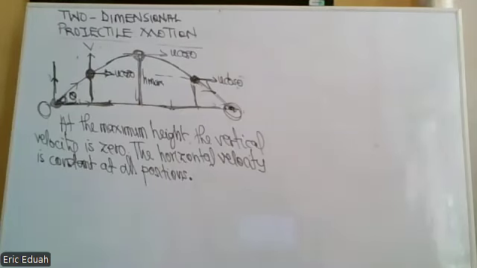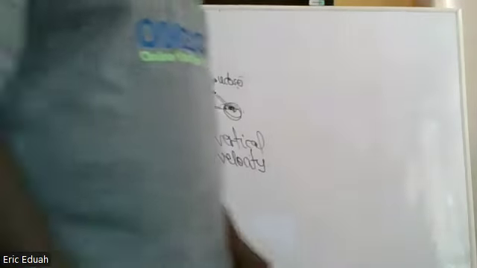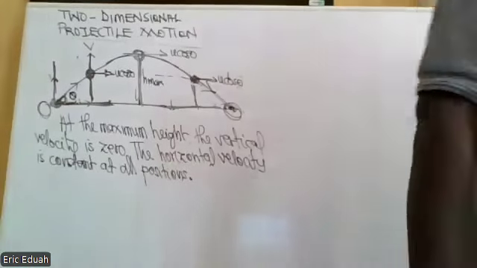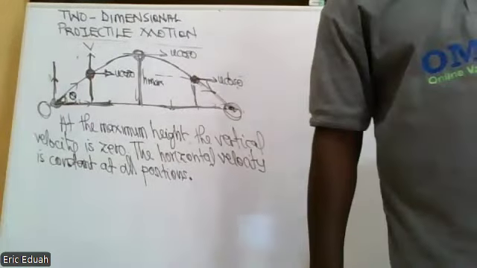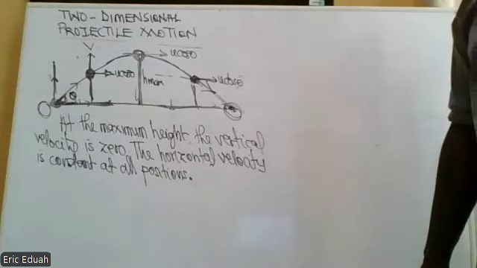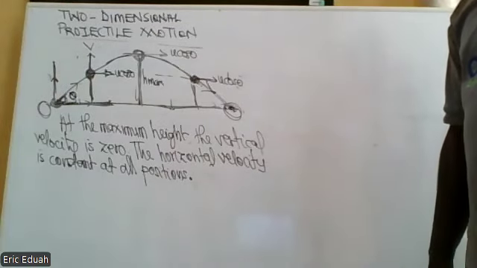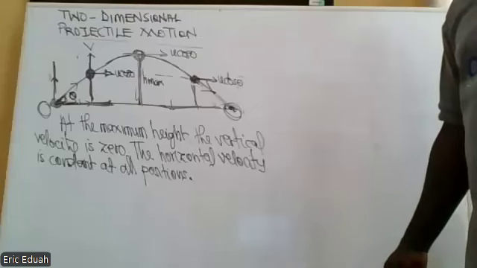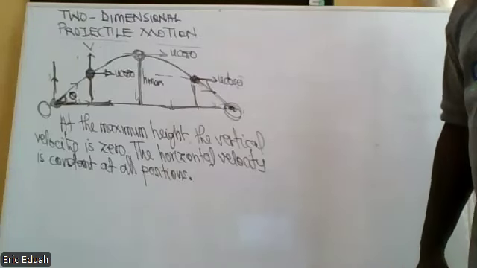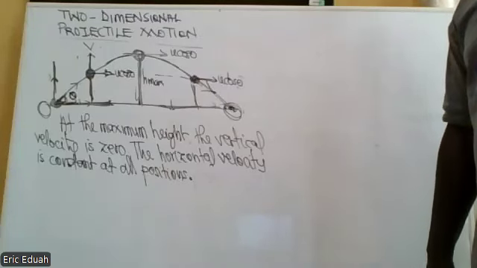Prince, yes, please. Lionel, can you say it again? Yes, sir. At the maximum height, the vertical velocity goes to 0. Only the horizontal velocity acts on the body. So the velocity of the body at the maximum height is simply u cos theta.